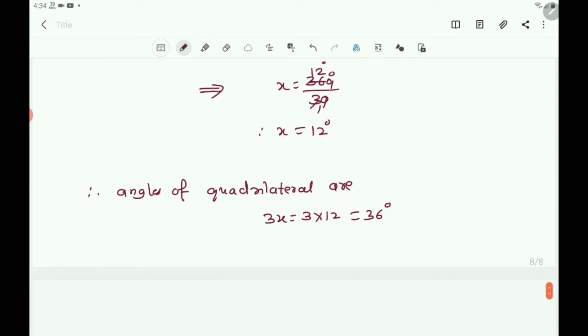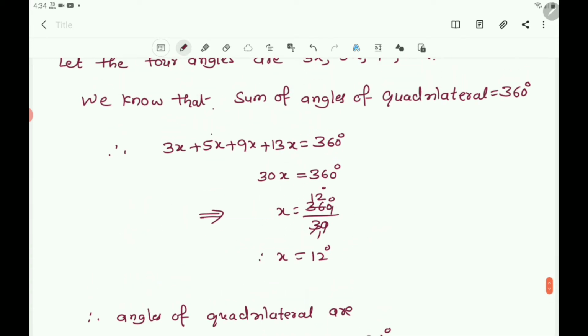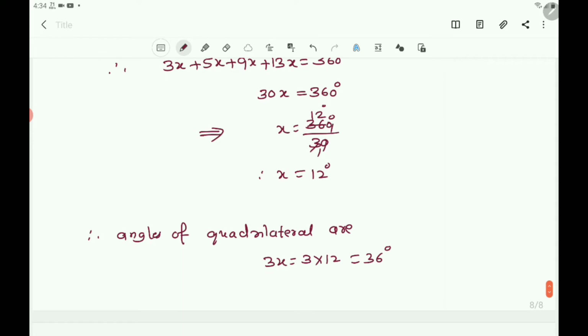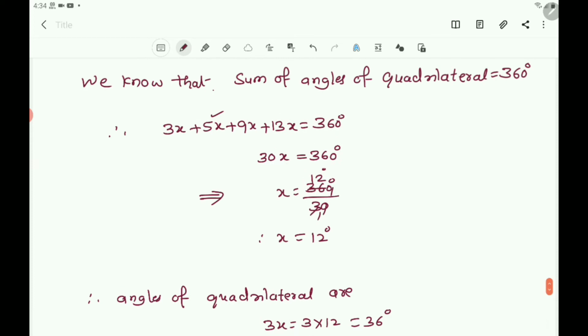The first angle is 36 degrees. Next, the second angle is 5x, which equals 5 into 12. 5 twelves are 60. The second angle is 60 degrees.